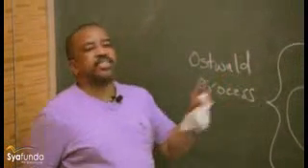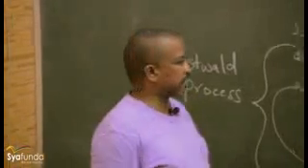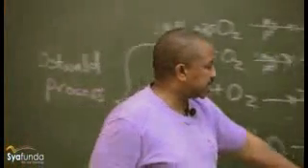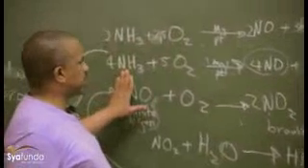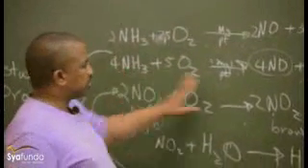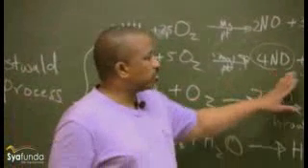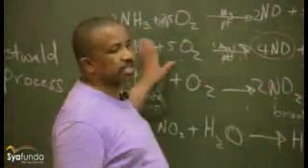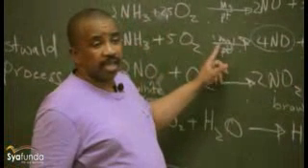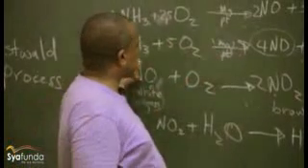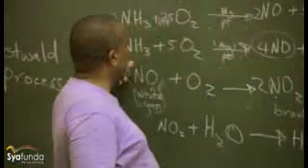This is the industrial preparation of nitric acid. You take ammonia, in the presence of oxygen, you form NO plus water. This reaction is highly exothermic, hence you need a catalyst. So this is a catalytic oxidation of ammonia.